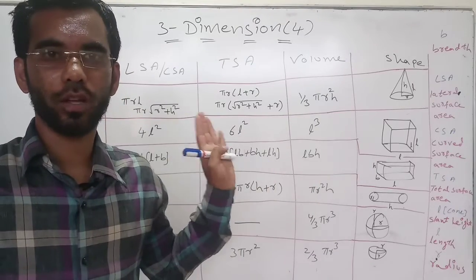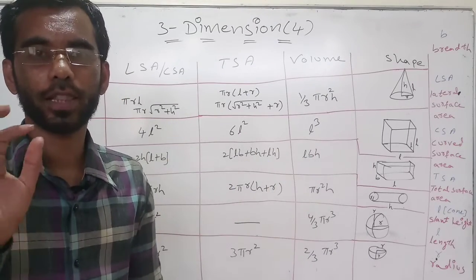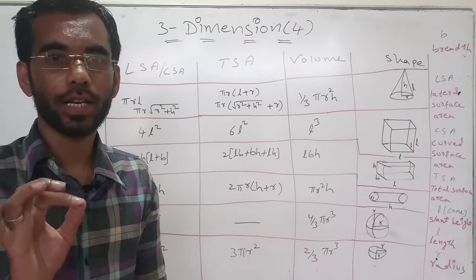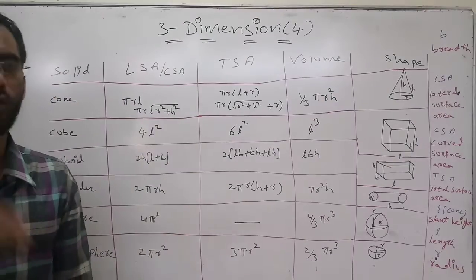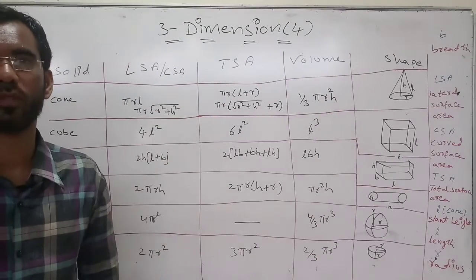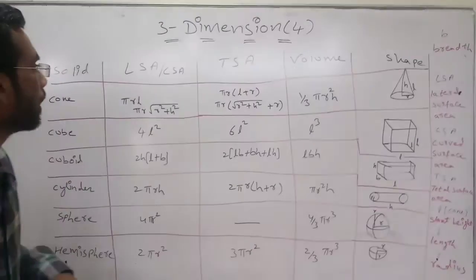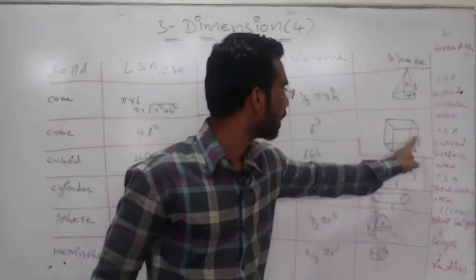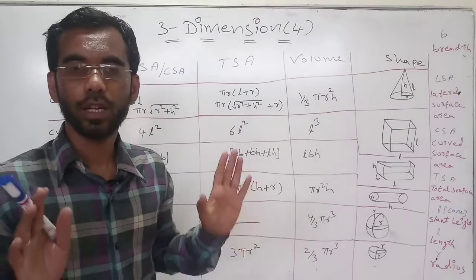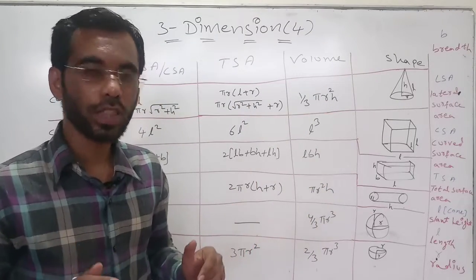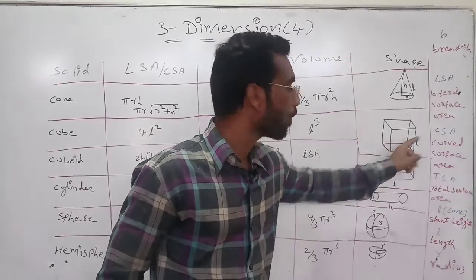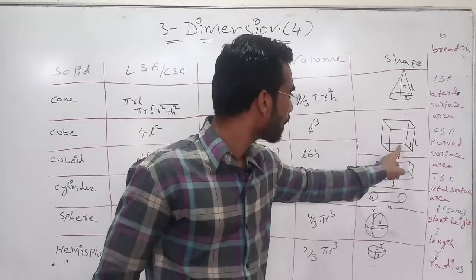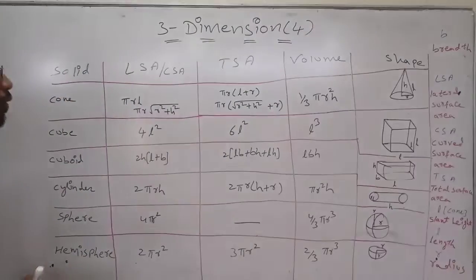If you cover only the 4 walls, it is called lateral surface area. If you go for the roof, floor and 4 walls, it will be total surface area.